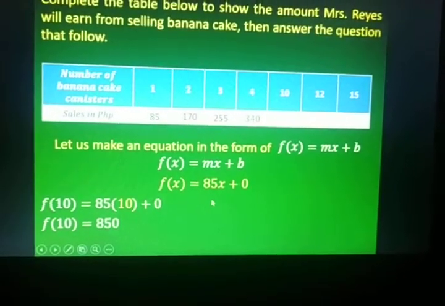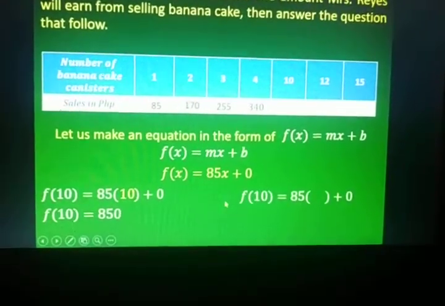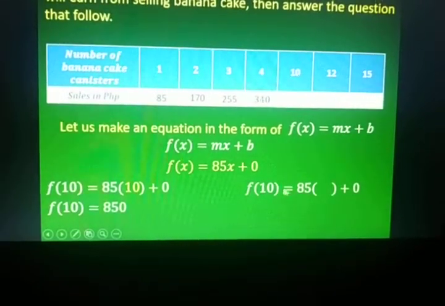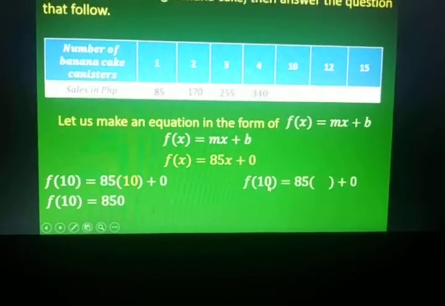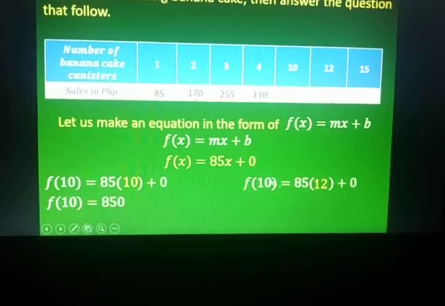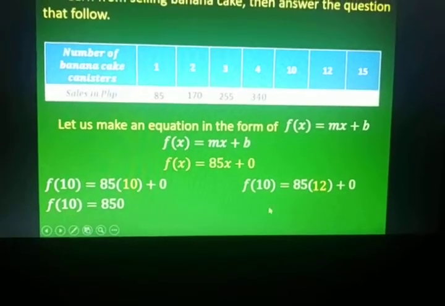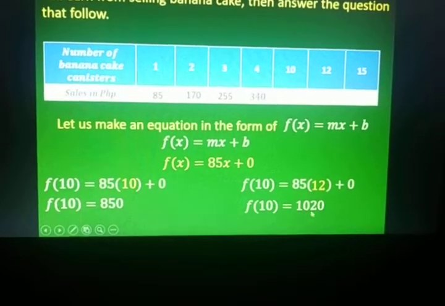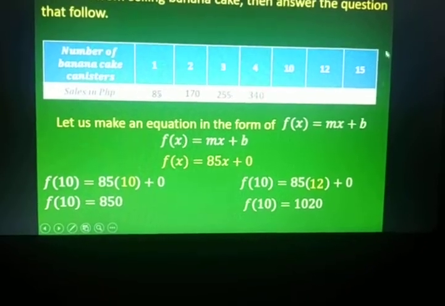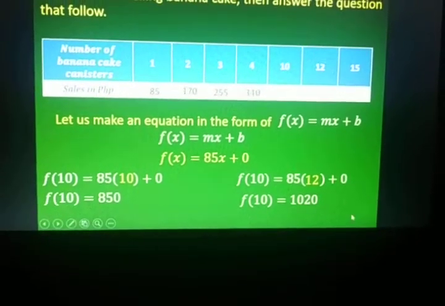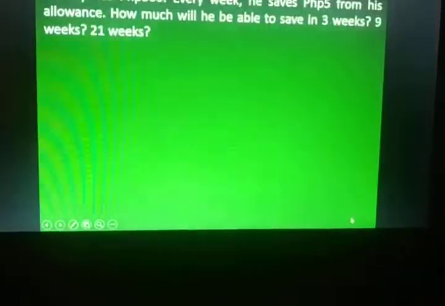Next, how about f of 12? It's not 10, it's 12. So f of 12 equals 1020. And then you solve for 15 also. Okay, that's easy, right? Let's have another example.